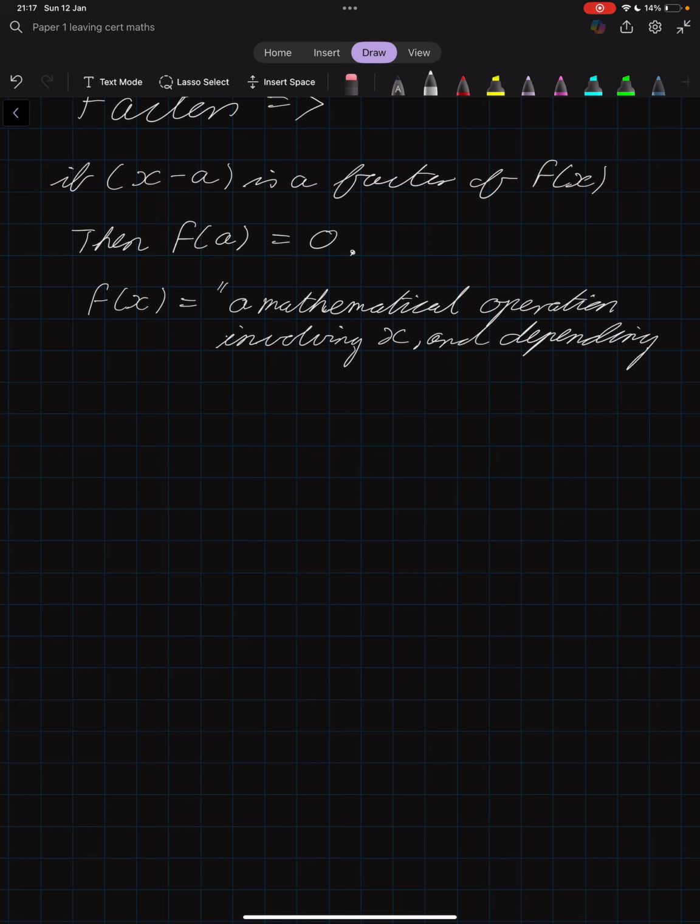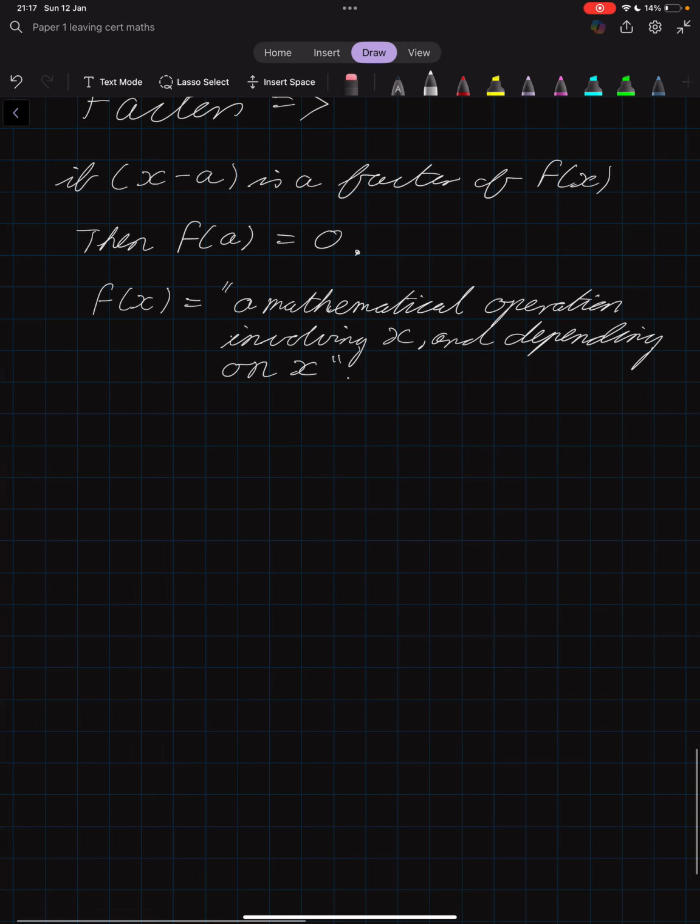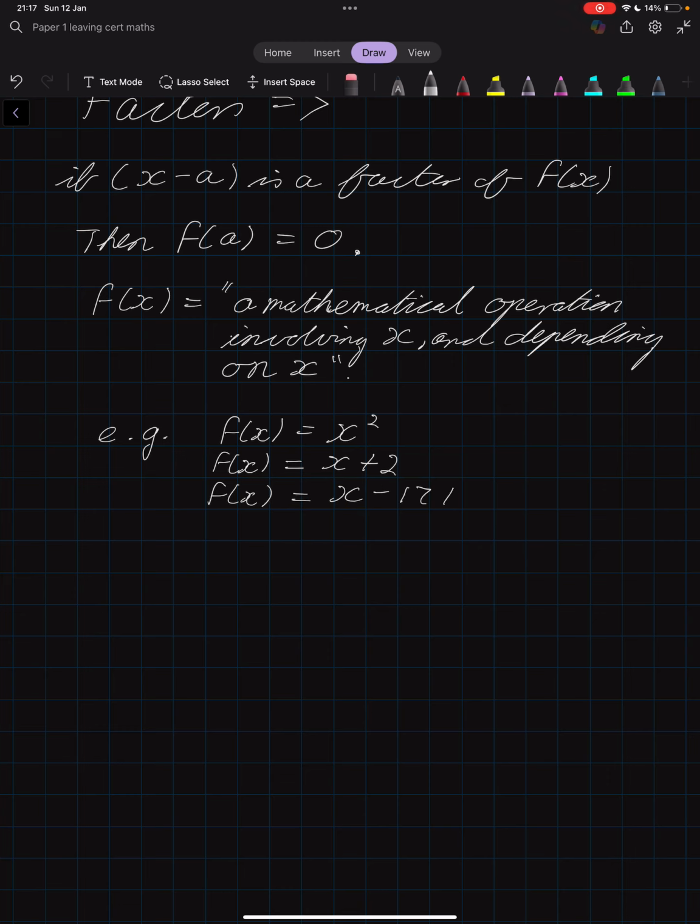So that probably looks awful. But some examples would be f of x equals x squared, f of x equals x plus 2, f of x can be equal to x minus 17 plus x to the power of 3.2, etc. Very hand wavy.